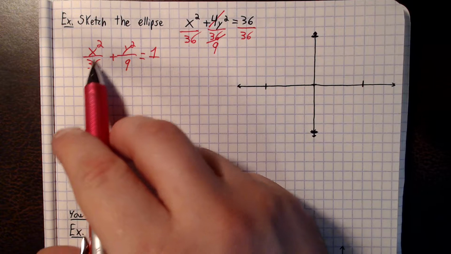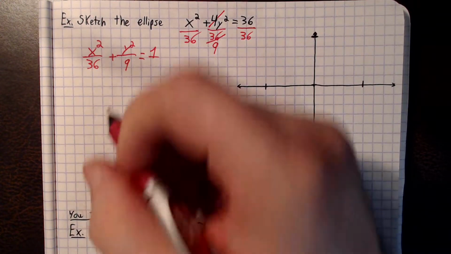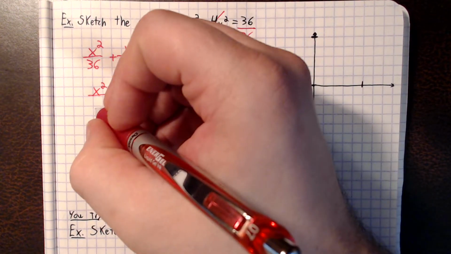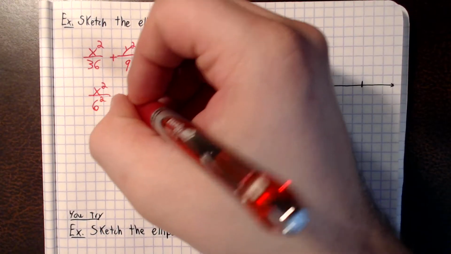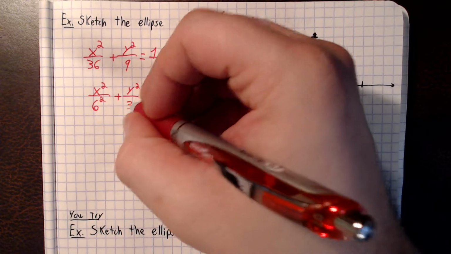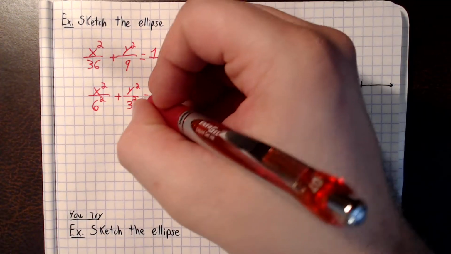I want to see what that is in terms of A squared. Right? So I'm going to change that. 36 is really 6 squared. And I want this in terms of B squared. So I've got y squared divided by 3 squared. Right? 9 is 3 squared.